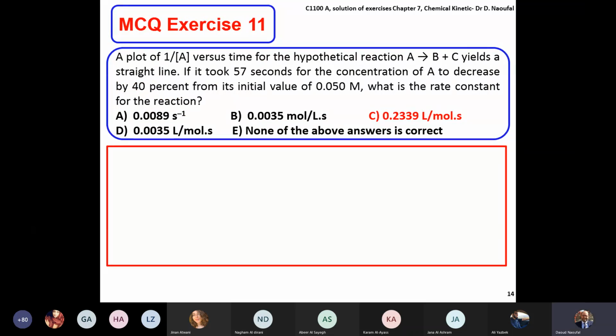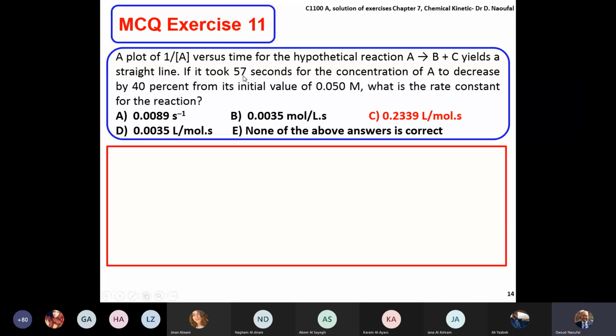Exercise MCQ 11. A plot of 1 over A as a function of time for the reaction A to B and C yields a straight line. So this reaction is of second order.